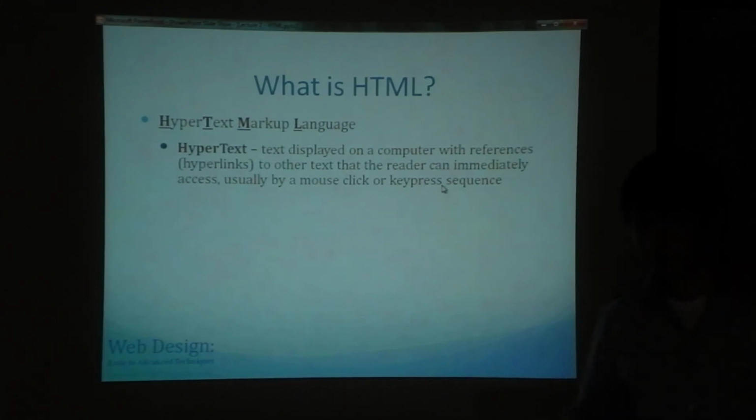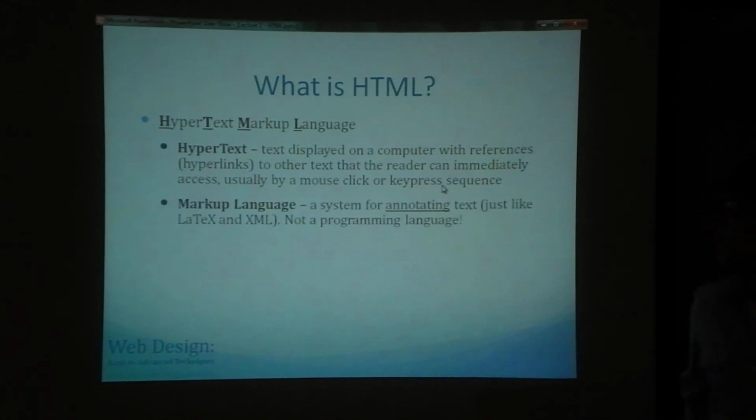That's what hypertext means. And what markup language means, as Amber sort of discussed last week, is just a sort of syntax to tell what kind of text belongs to what category of interpretation. So what HTML allows you to do is interpret text in a specific way so that your browser understands what a table is, what should be bold, what should be italicized, and those types of things.